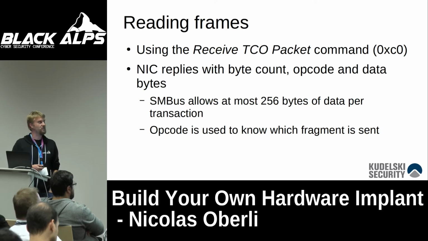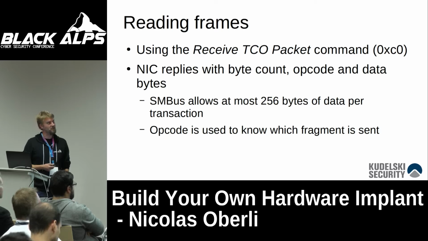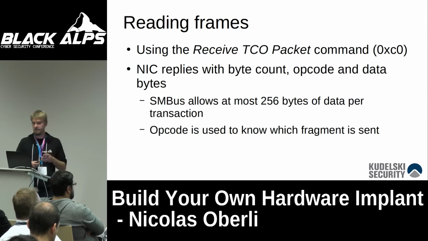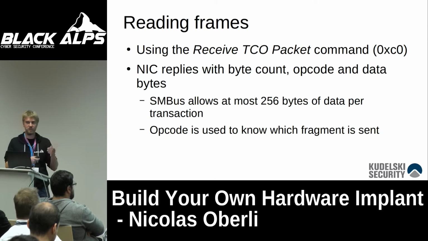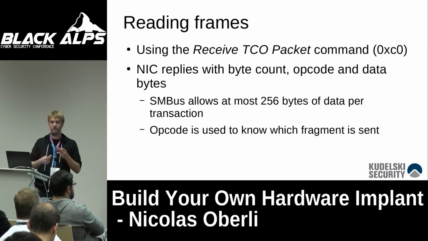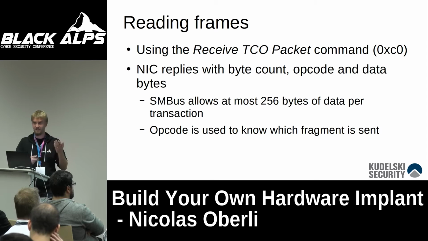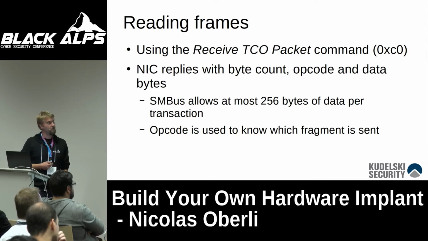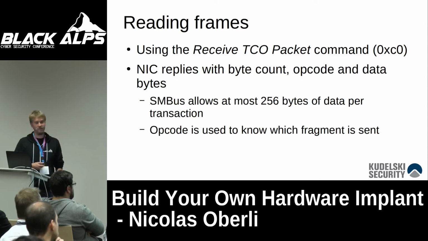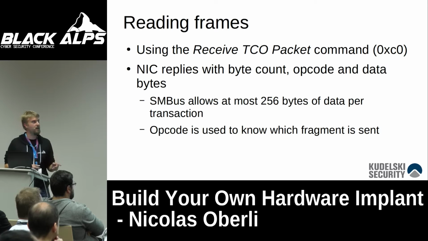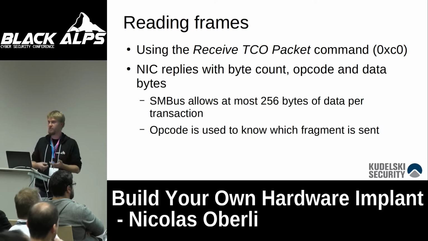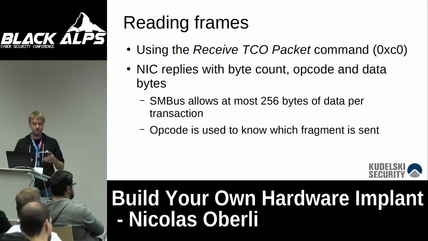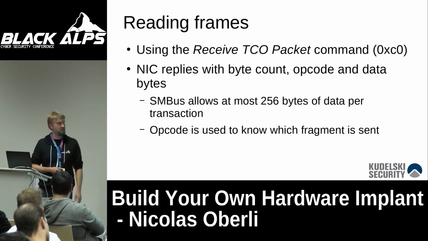If you read the documentation again, you have another command here, which is receive TCO packets. Of course, in different chapters it's not the same nomenclature, the same naming of the same functions. That's good. So you have the 0xC0 command, which when you send it to the NIC, it will reply with the size of the frame, some information about that frame, and the bytes of the packet that was received by the card.